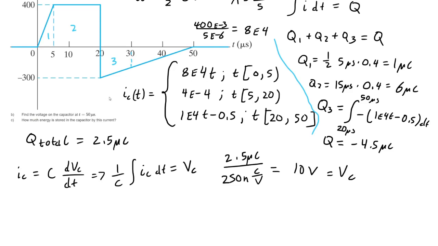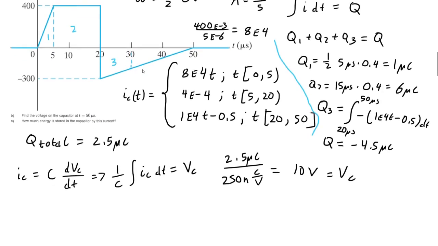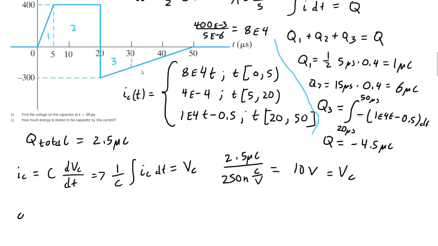And now you're going to find out how much energy is stored in the capacitor by that current. We're going to go back to the work formula. Work equals 1/2 the capacitance times the voltage squared. So 100 times 1/2, so 50, times 250, divided by a billion, is a small number, multiplied by a million.